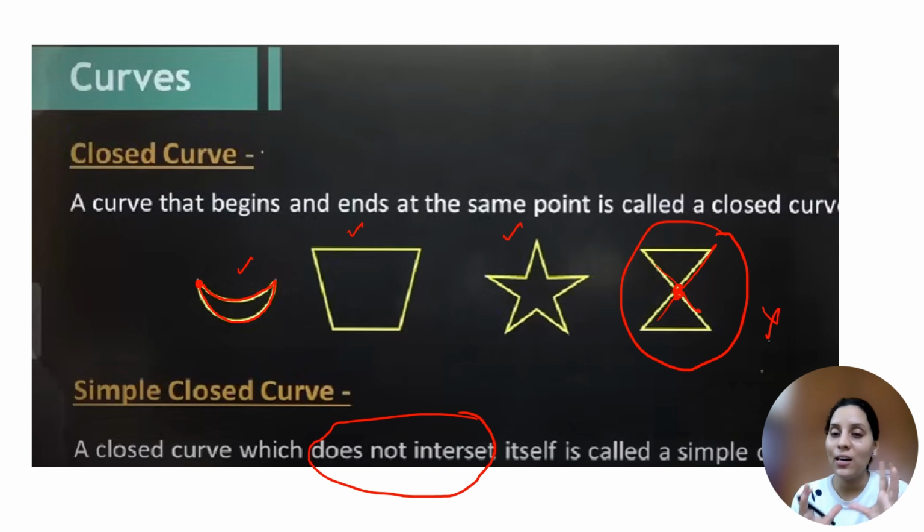I hope this is clear. A curve is basically drawing something with the pencil on a plane surface without lifting the pencil. A closed curve is where your starting and ending points are the same, whereas an open curve is where your starting point and ending point are different, both not meeting. A simple closed curve is one where the curve does not intersect itself.